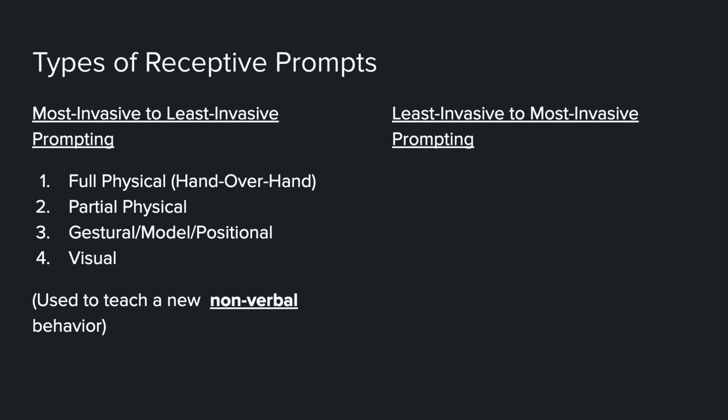So there also, you can arrange it from least invasive to most invasive prompting. So you basically reverse it. Instead of starting with full physical, you start with the least invasive, which is our visual prompting. And then you either pick a gestural, a model, or a positional prompt depending upon the skill. Just one, not all three.